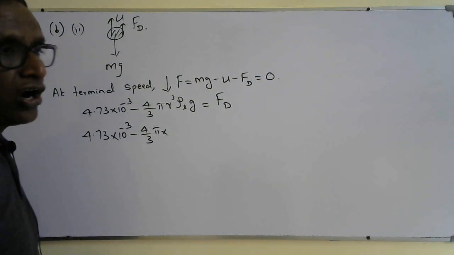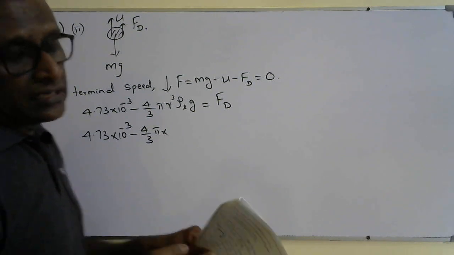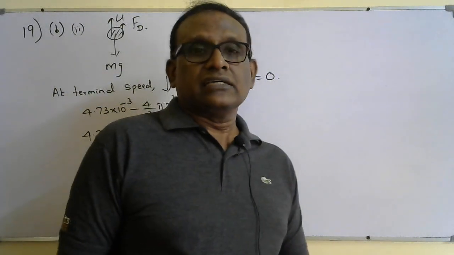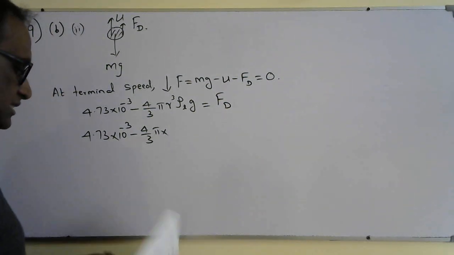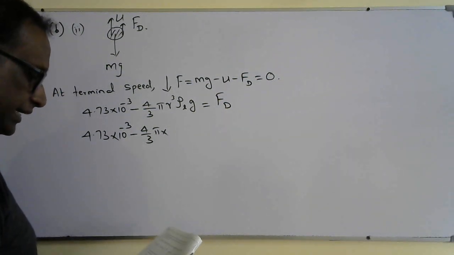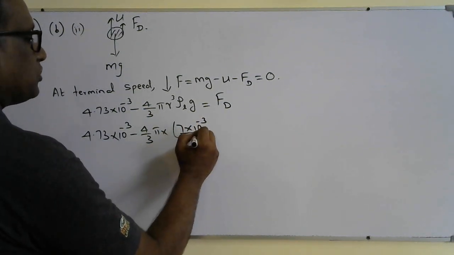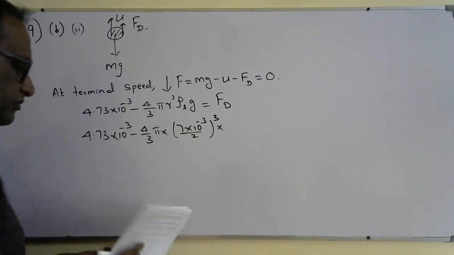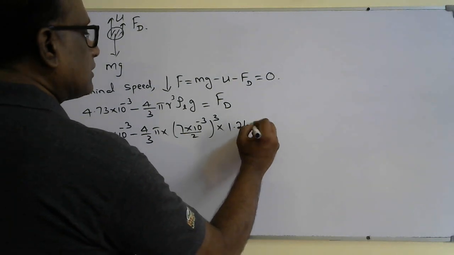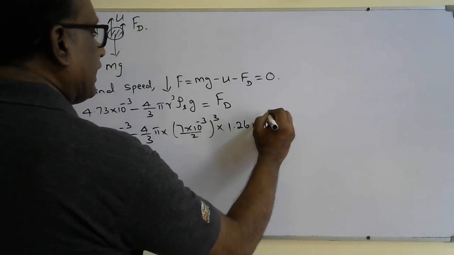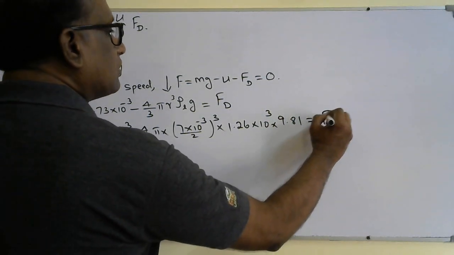We substitute the values: 4.73 × 10^-3 minus 4/3 π. The radius of the sphere will be the same, because the volume of the sphere is the same as the volume of the liquid displaced, so 7 × 10^-3 by 2, all cubed. Density of the glycerol is given, 1.26 × 10^3, times 9.81, is equal to the drag force.